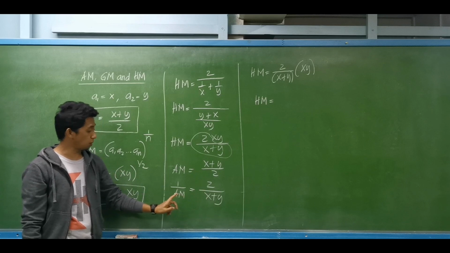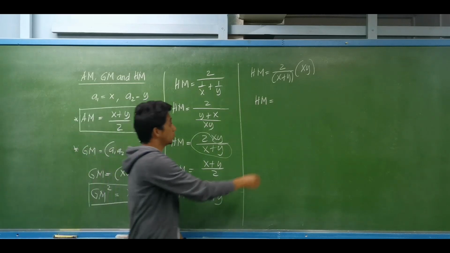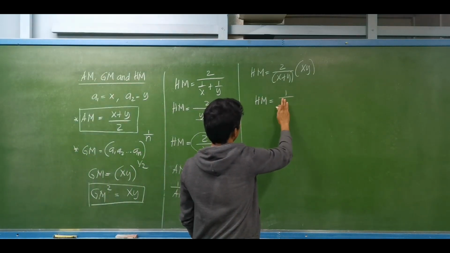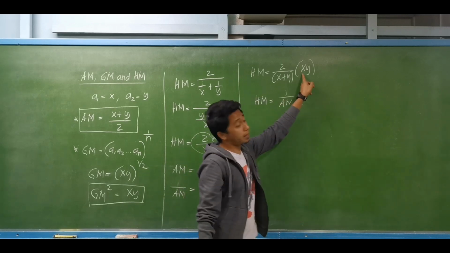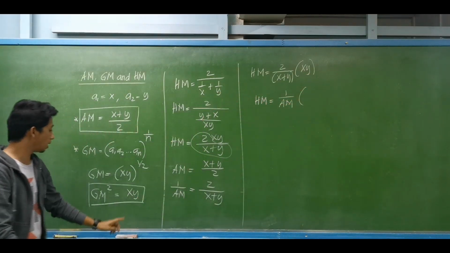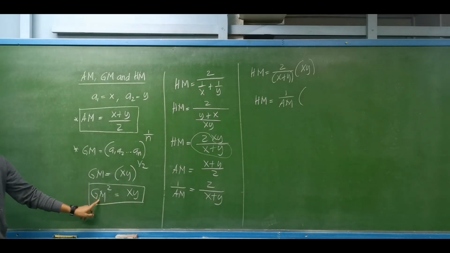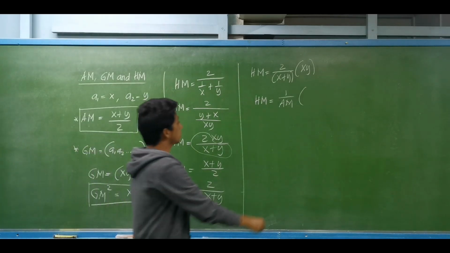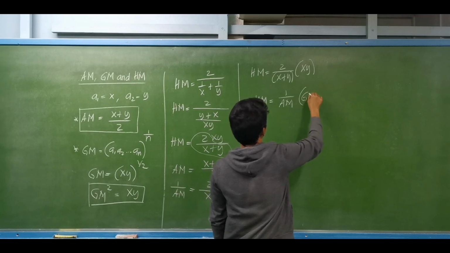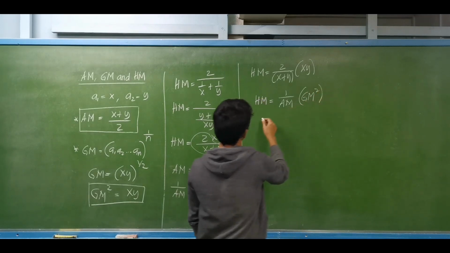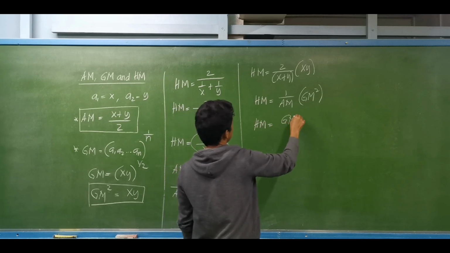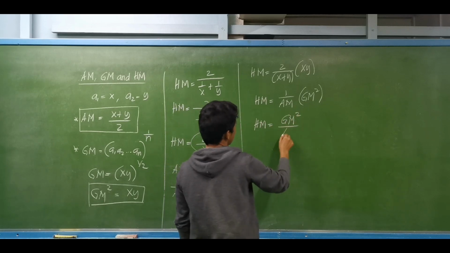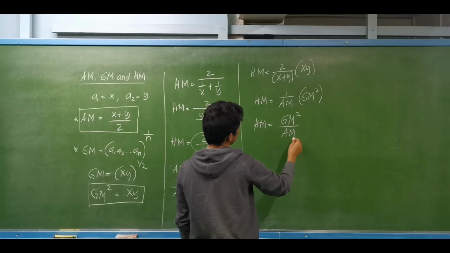It is 1 over the arithmetic mean, the reciprocal of the arithmetic mean. What is xy? xy is equal to the square of the geometric mean. So we have the harmonic mean as the geometric mean squared divided by the arithmetic mean.